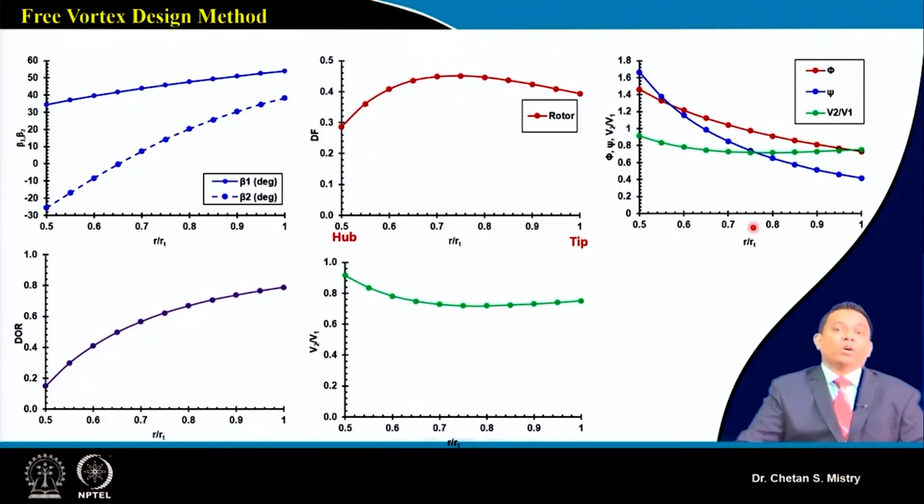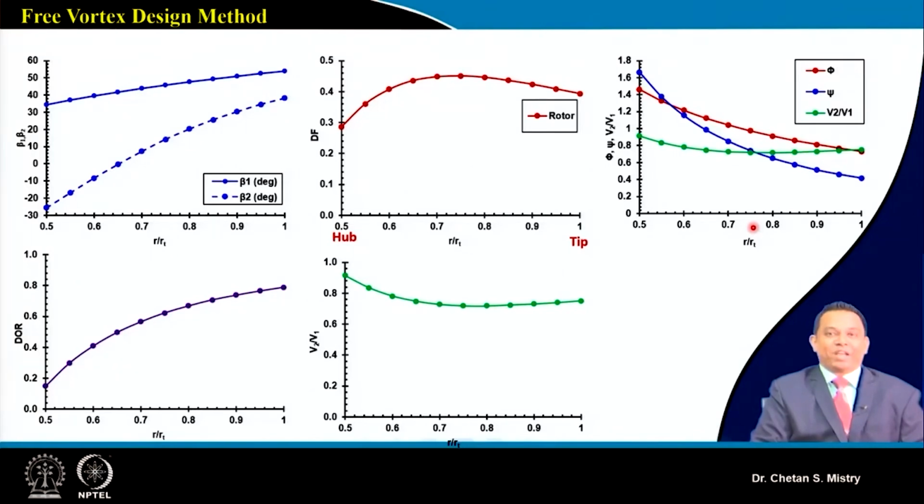Now here, in our calculation, we have no other controls. Straightaway, this is satisfying our radial equilibrium, which gives us an idea about the axial velocity and how my swirl component is varying.